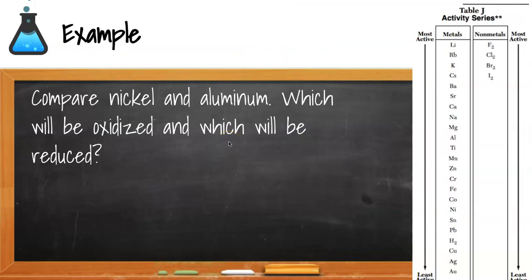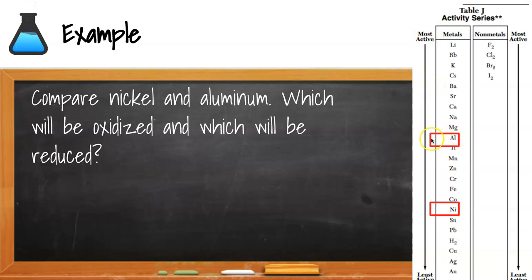Okay, let's look at an example. It says compare nickel and aluminum. So here is aluminum, and here is nickel. If we're comparing these two, we want to figure out which one would have a greater chance of being oxidized and which one would be reduced. If I have these two elements in a reaction, which one's going to lose electrons and which one's going to gain? We said the most active, the more reactive, are higher up, and they're more easily oxidized.